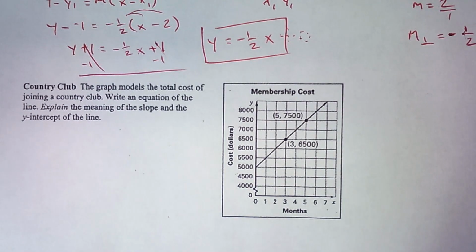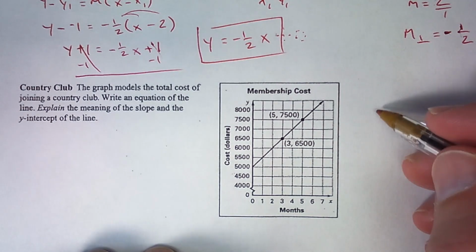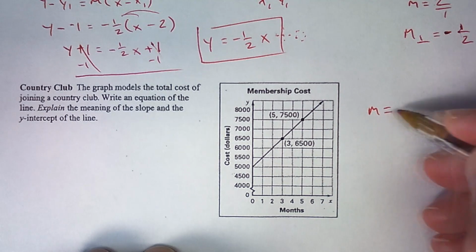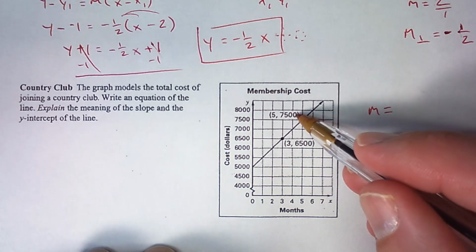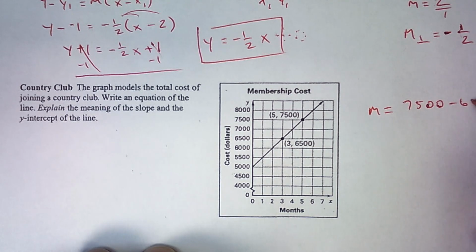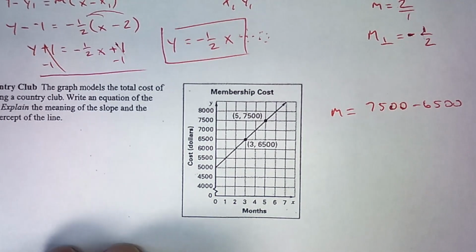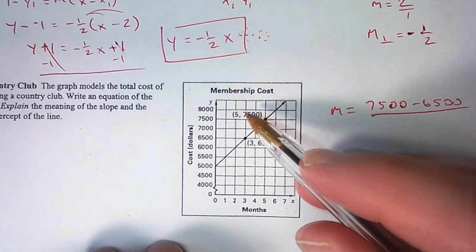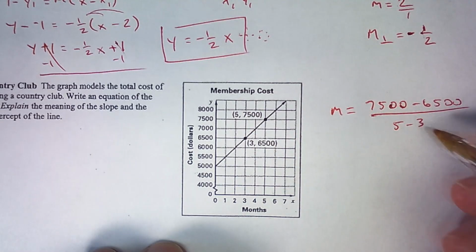And last, we're going to look at a graph that represents joining a country club. First, we're going to write an equation of the line. So to write an equation, I need the slope. m equals y minus y, 7,500 minus 6,500, over x minus x, 5 minus 3.